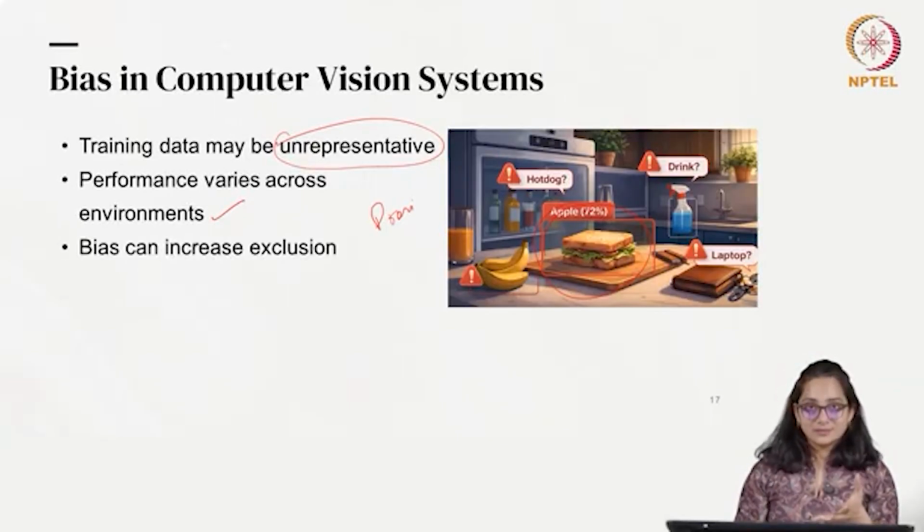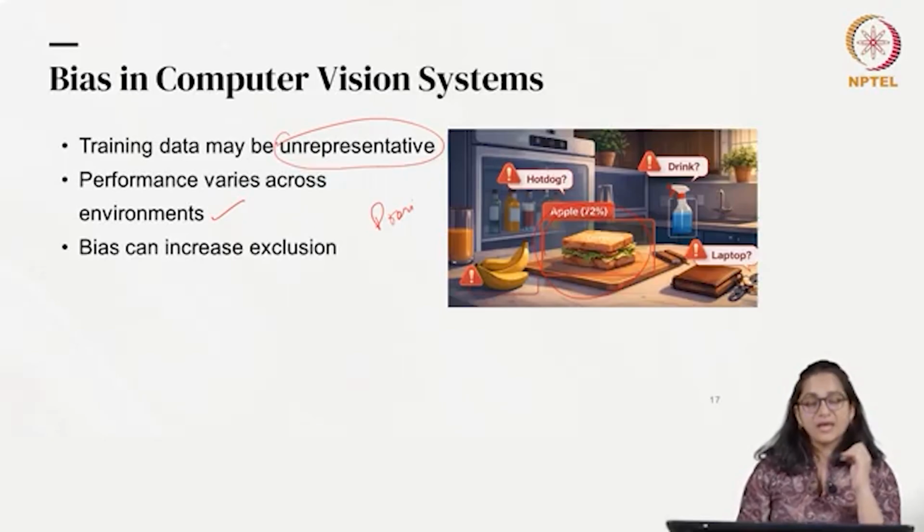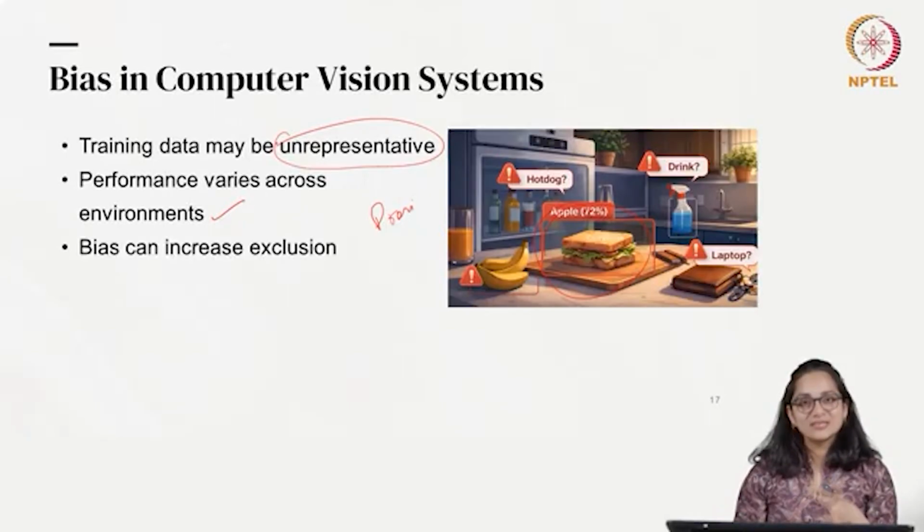So that is the bias that the models have. And bias can also increase exclusion rather than bridging the gap and making systems accessible. It can increase a different kind of exclusion, right? So we have to be very careful when using these systems.